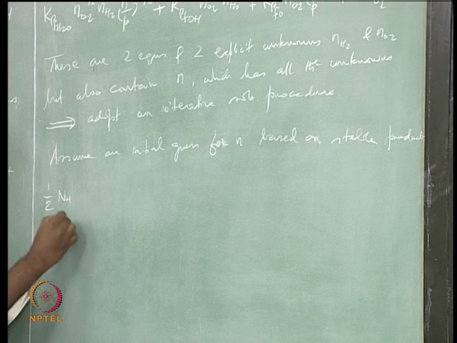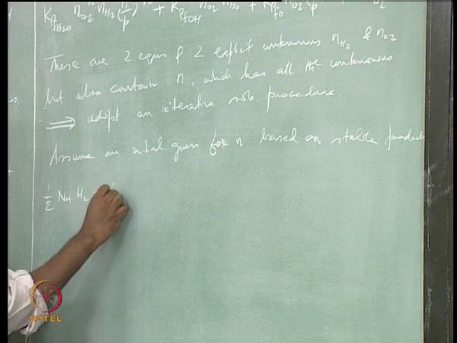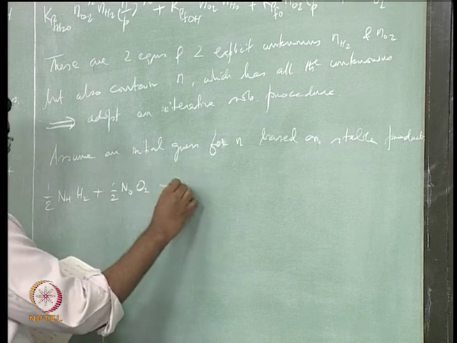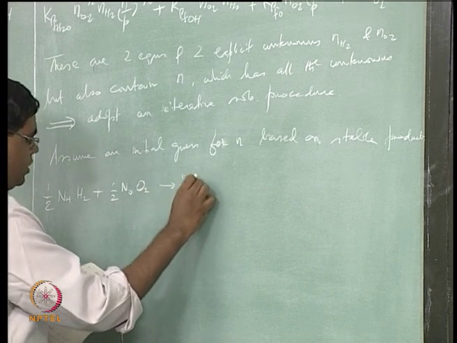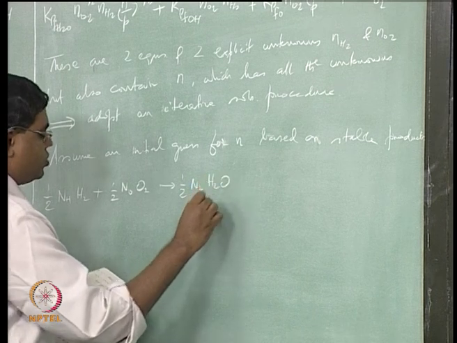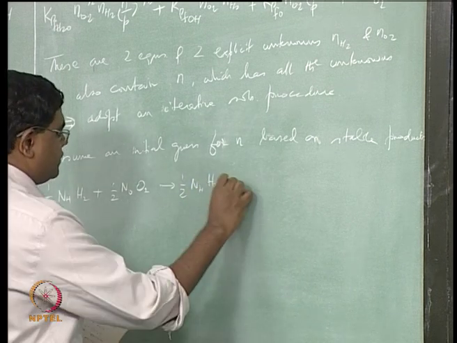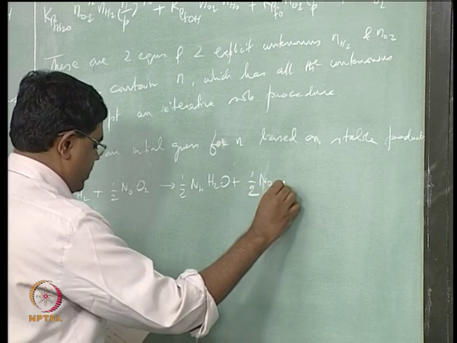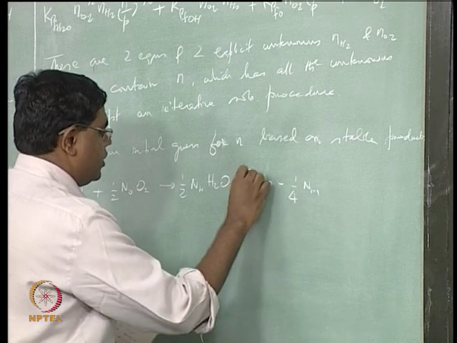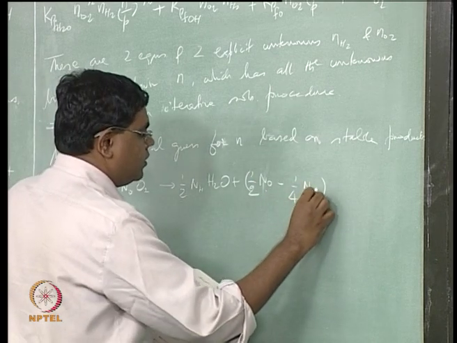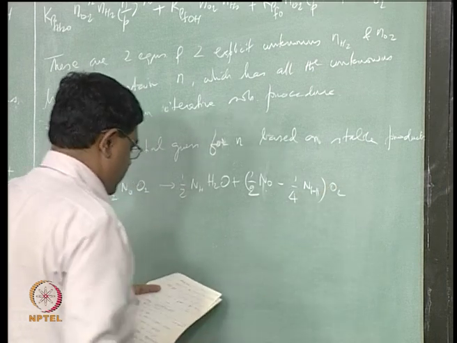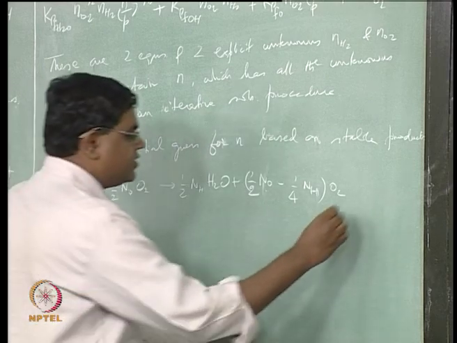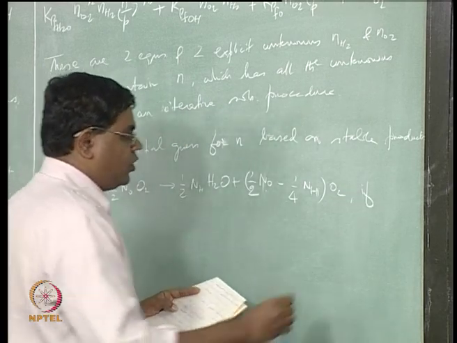We now have NH2 plus half NO2 gives half NH2O, plus half NO minus 1/4 NH times O2 if O2 is in excess. How much excess, we can actually quantify this.